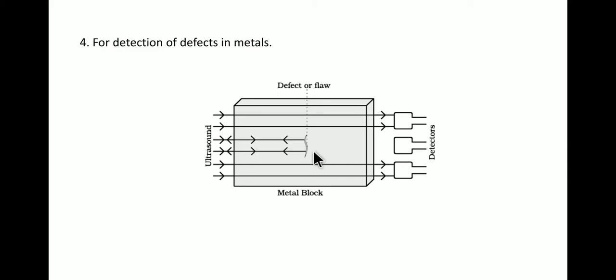But if there is any crack or cavity or flaw, it may reflect back this ultrasound, and this reflection is traced back and they come to know about the defect in this metal block. So if it passes through without any reflection, then the metal is said to be okay.